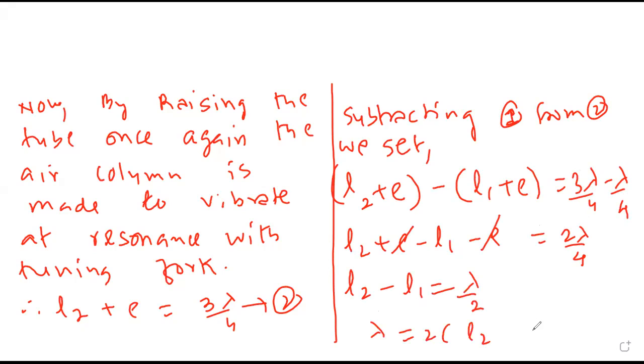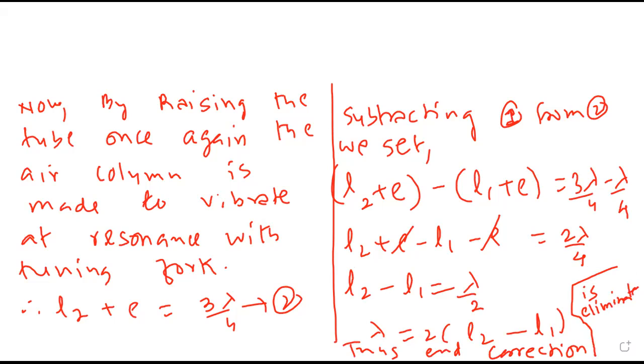Lambda is twice of L2 minus L1. Can we see end correction anywhere? Is E present anywhere? No, sir. So actually we considered it, but by adjustment it got cancelled. Thus end correction is eliminated. Now we can copy till the end.